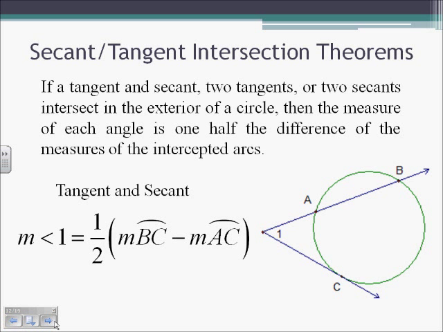So the two intercepted arcs are BC and AC. And since our angle is on the exterior of the circle, we take the difference of those two arcs. So the bigger one minus the smaller one is going to equal the measure of our angle.